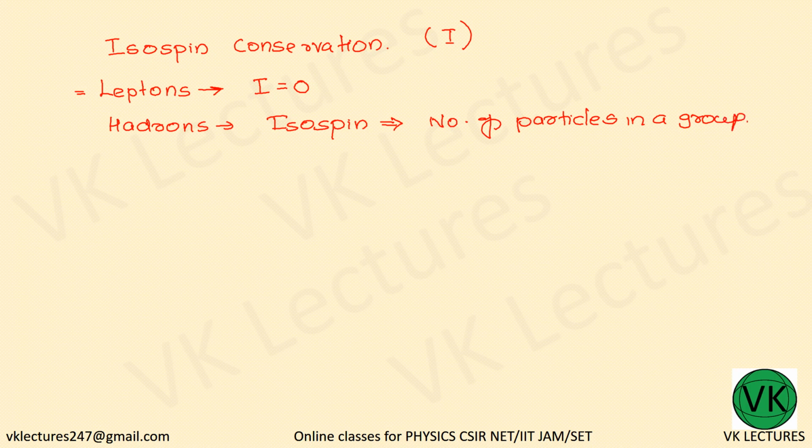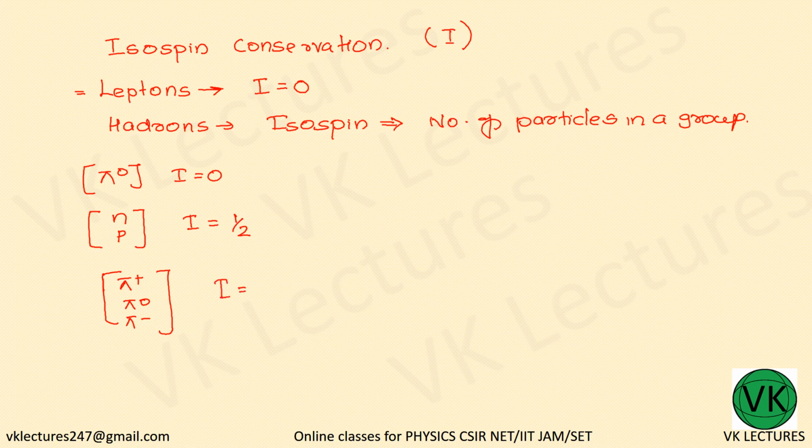Now, for example, if you have pi naught, this is only one particle, so the isospin I is equal to 0. And for a two particle system, for example neutron and proton, which belong to the same group, the isospin is equal to half. And for a three particle group such as pi plus, pi naught, pi minus, the isospin is equal to 1.